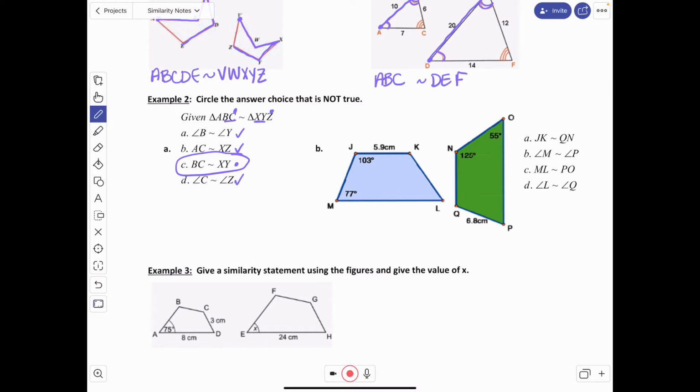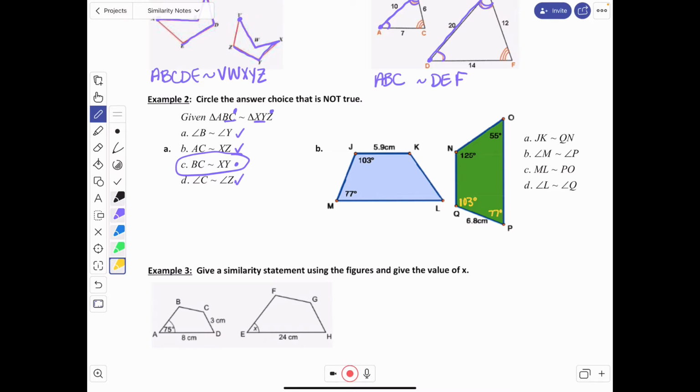Okay, looking at B. So notice these have been turned on their sides. If we want, we could rotate it over if we needed to. But we know, for example, if I just rotated that, obviously this would be the angle that's 103.